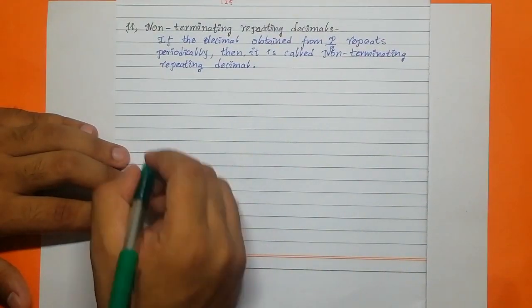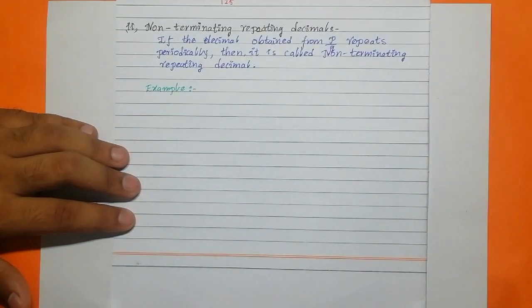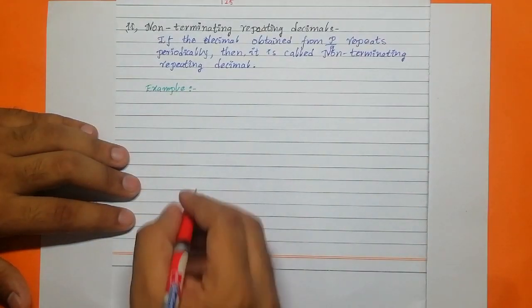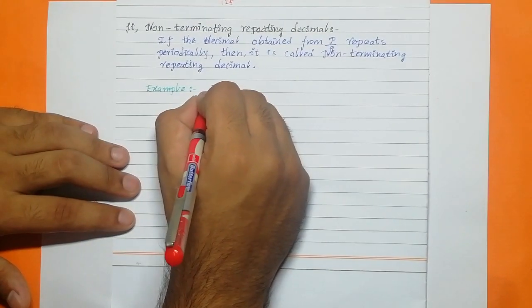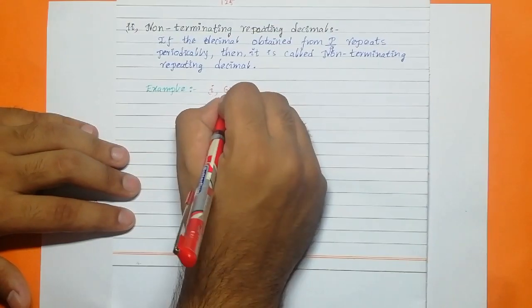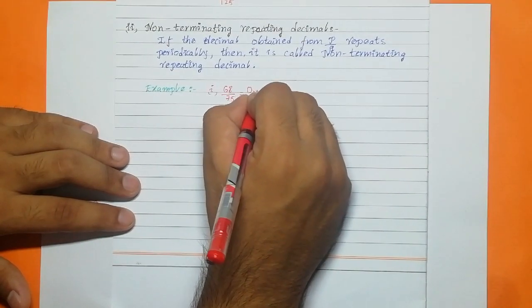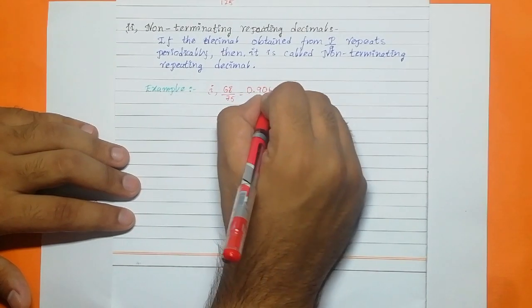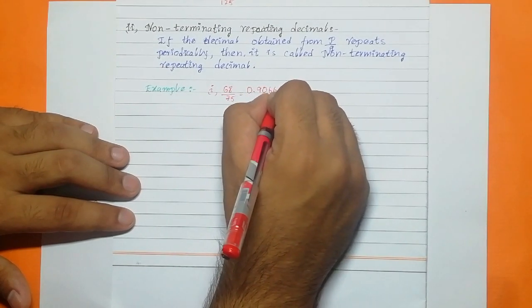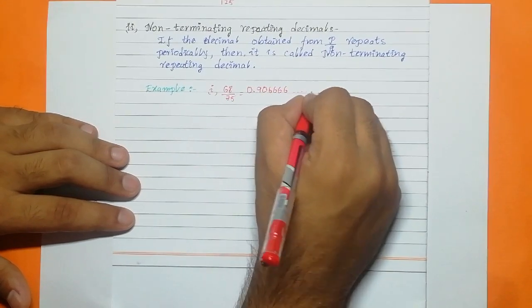Now let us take three examples. They are: first one, 68 by 75 is equal to 0.90666 and so on.